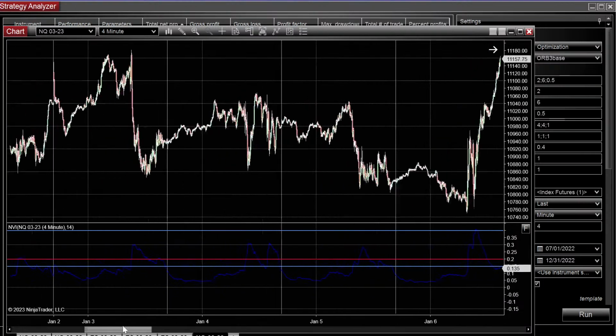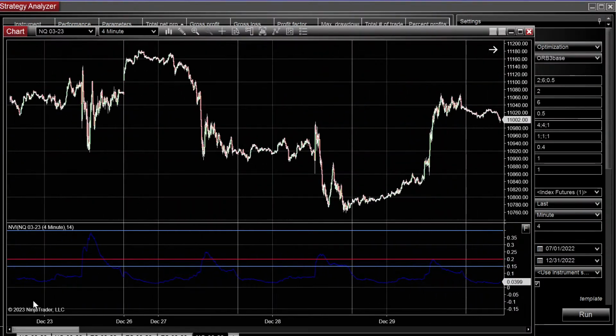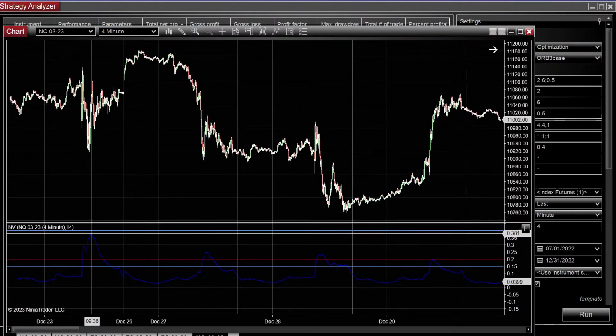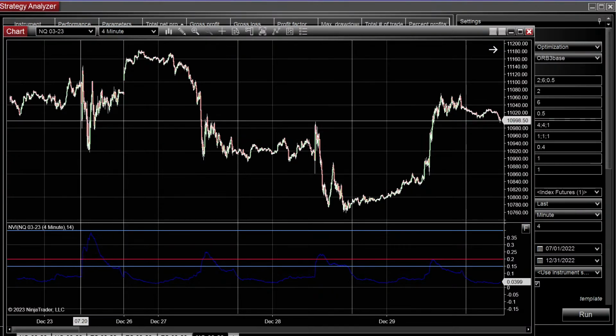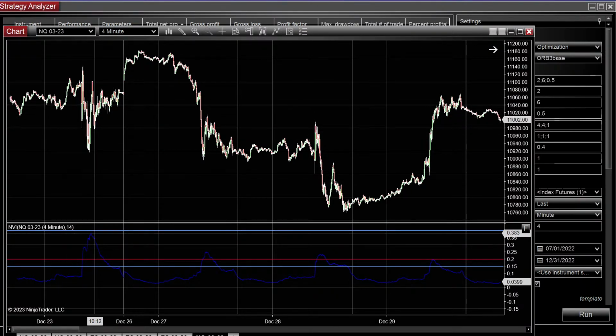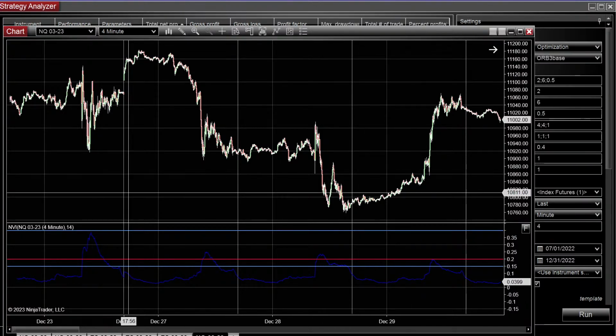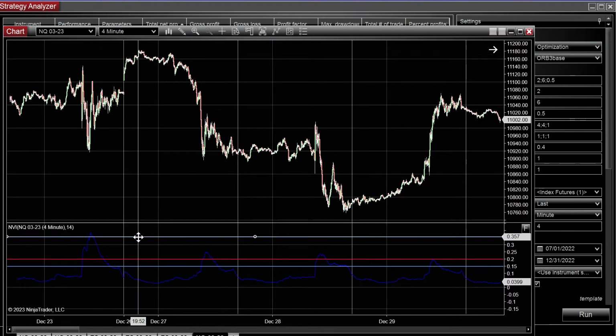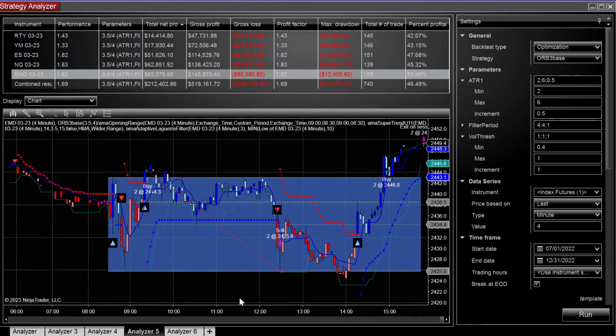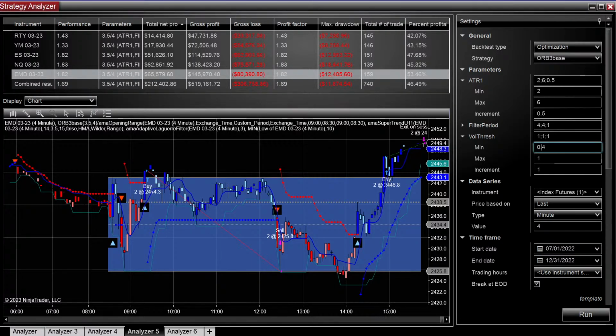So 0.4 looks like kind of an outlier, maybe a little bit lower actually, because you see here the same type of environment. So we'll do 0.35 as our extreme for the 4-minute chart. So 0.35, and I'm wondering what ATR value is going to be best in that type of market environment.